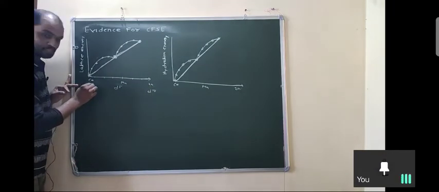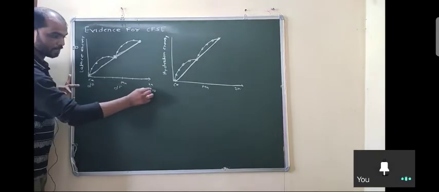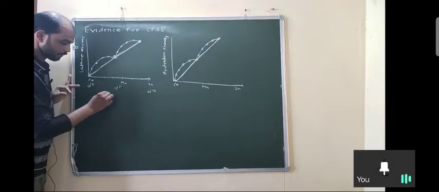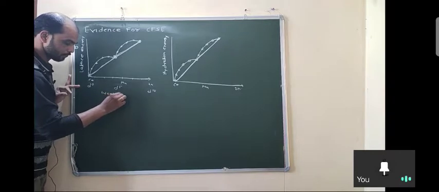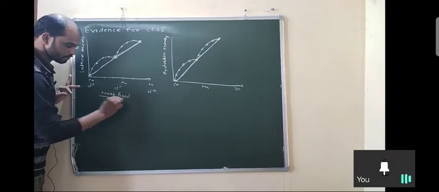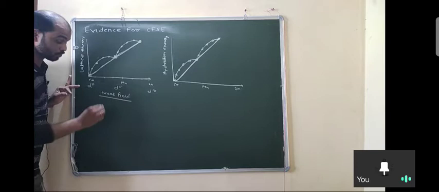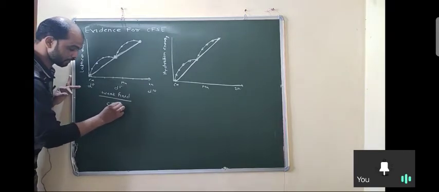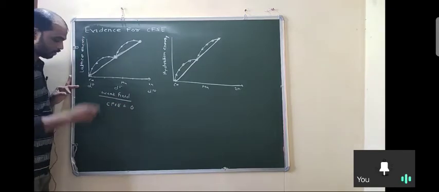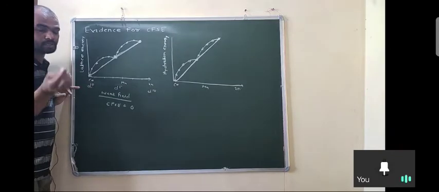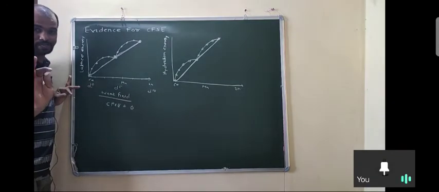So d0, d5 and d10 in a weak field, these three systems have zero CFSE. We already calculated that the CFSE is 0. For d0, CFSE is always 0 because there is no d electron.